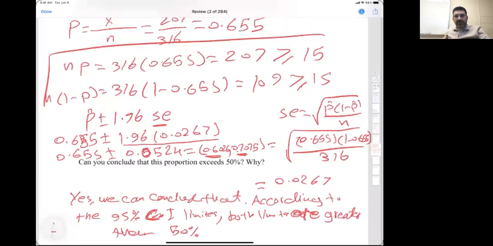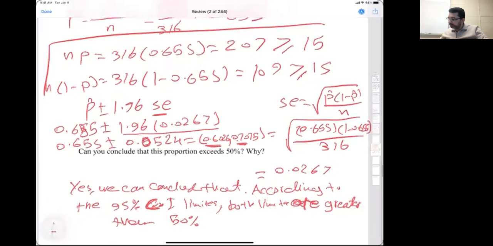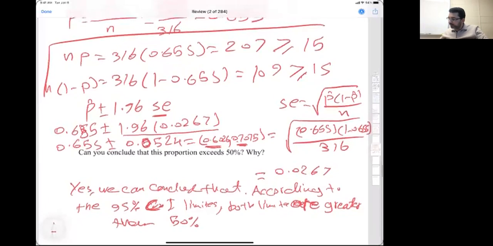So this is the justification. Sounds good.